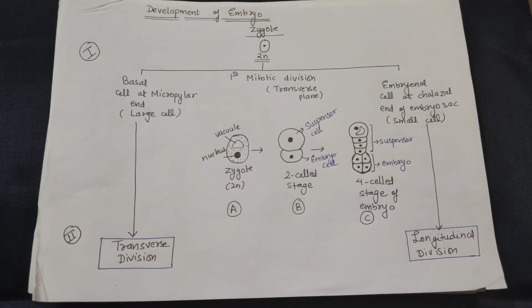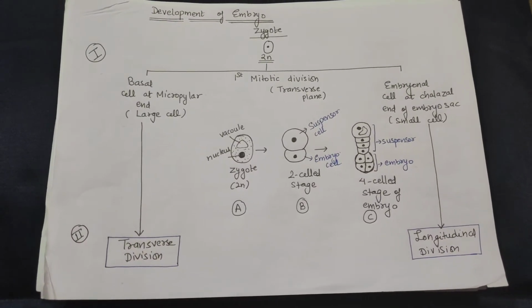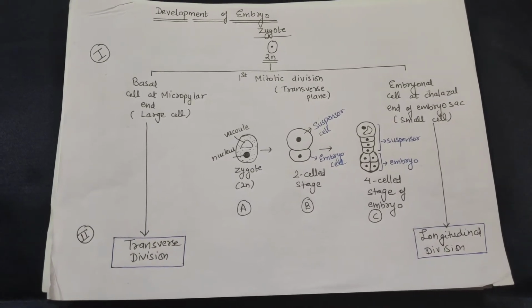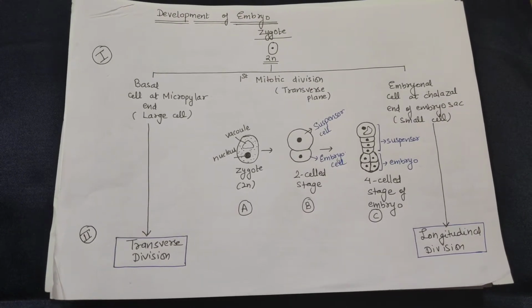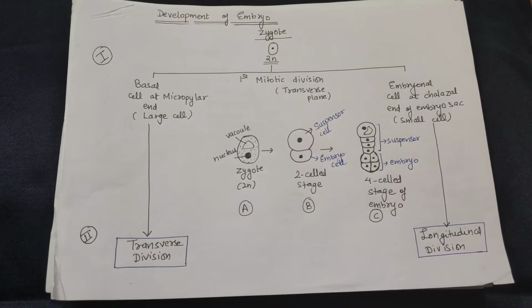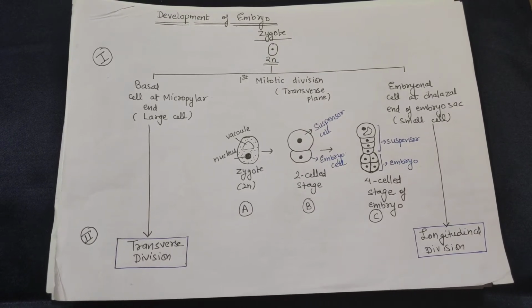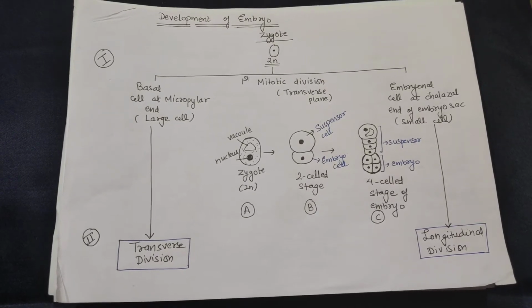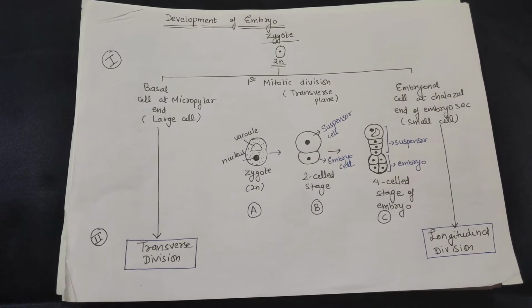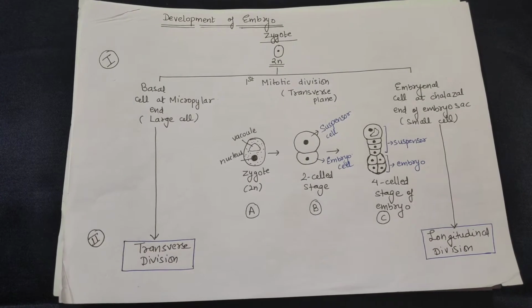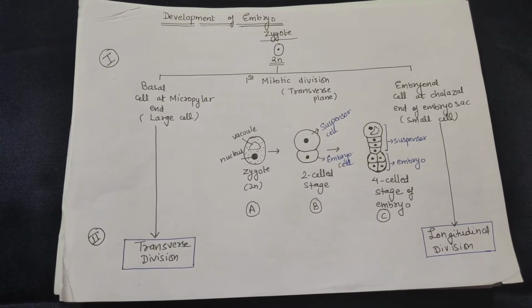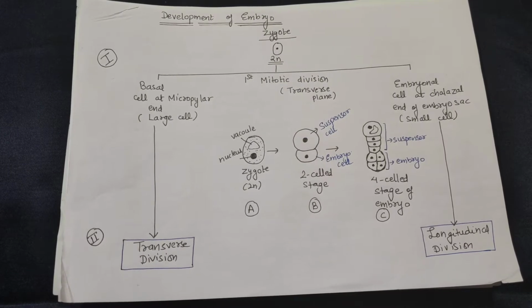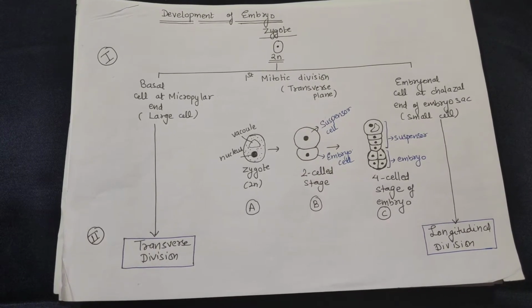Hello friends, in this video we are going to discuss development of embryo. Now as we know that in angiosperms, double fertilization occurs, where one male gamete fuses with the secondary nucleus to form endosperm. Endosperm development we have already studied in the previous video; it is of three types: free nuclear type, cellular type and helobial type.